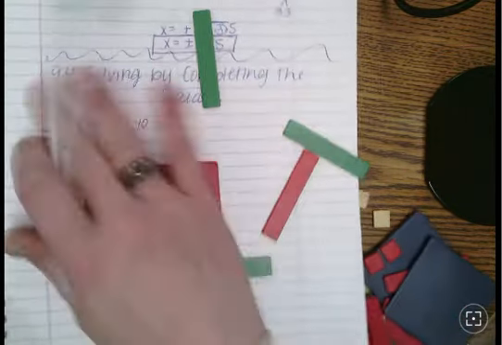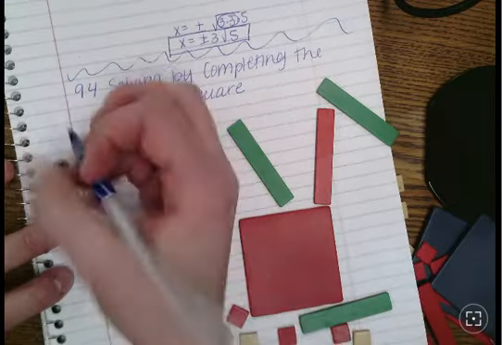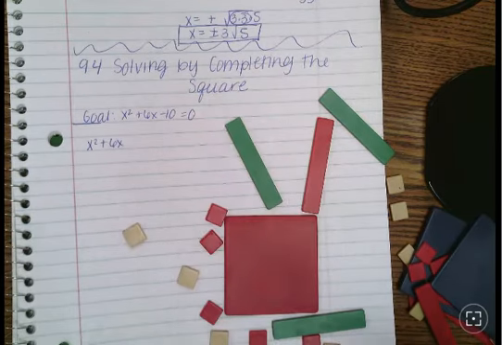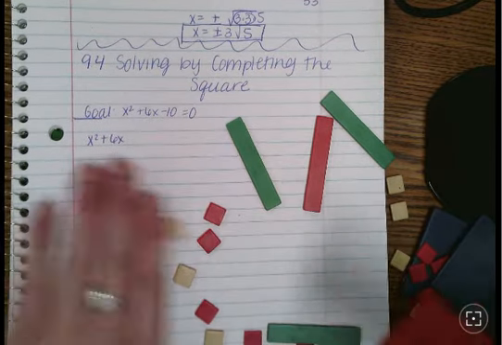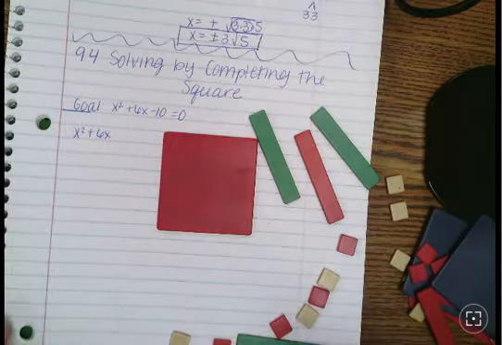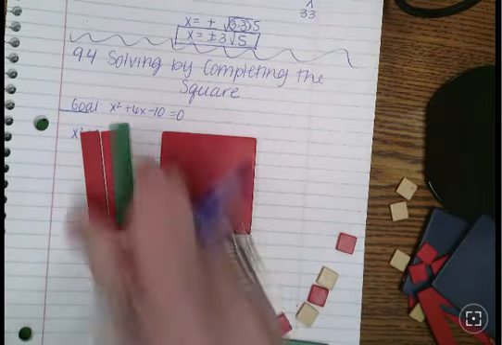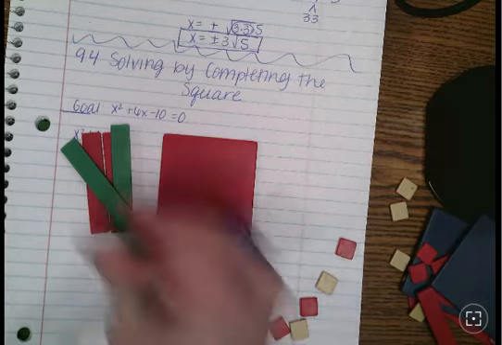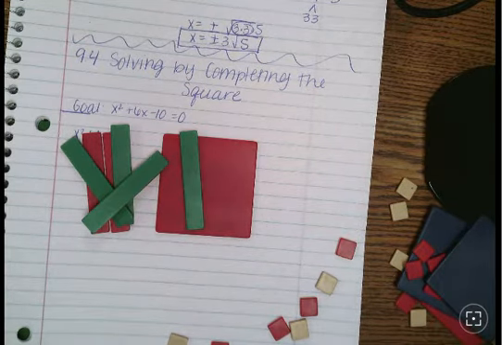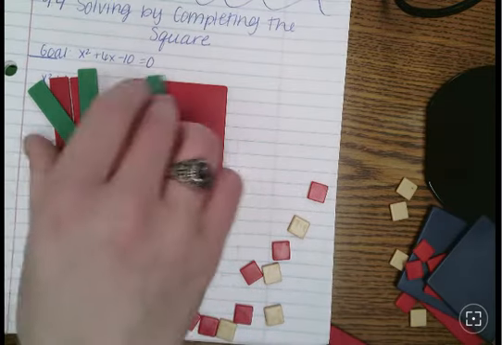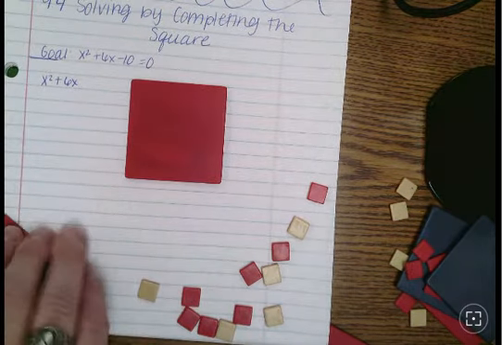So let's say that we have the situation x squared plus 6x, and I want to represent that visually. That means that I need an x squared tile, and then I need 6 x tiles. So 1, 2, 3, 4, 5, 6. And I want to arrange these in such a way that we could make a bigger square.